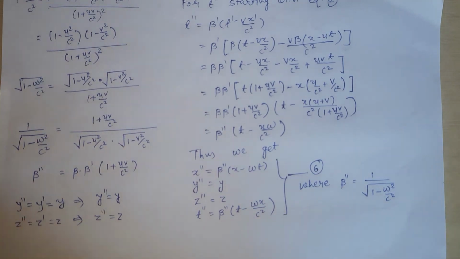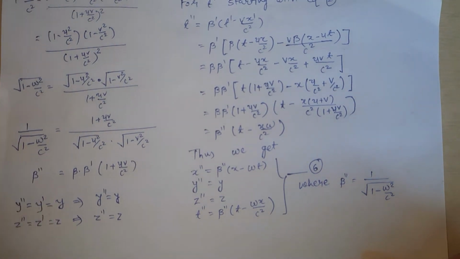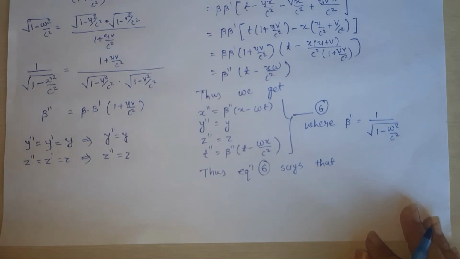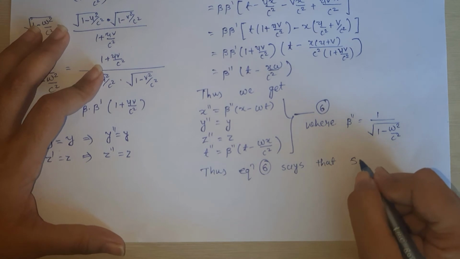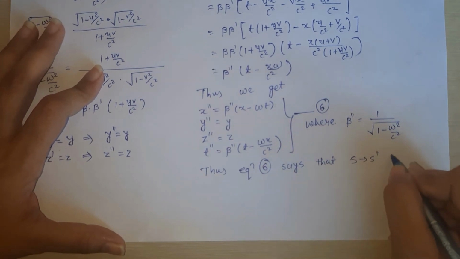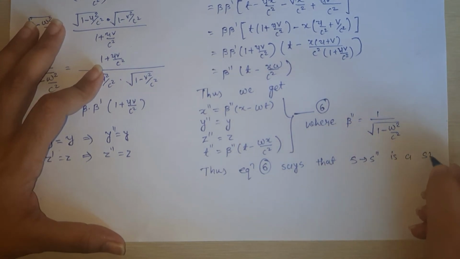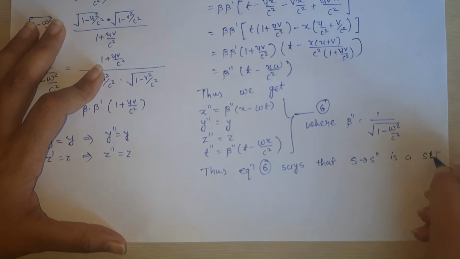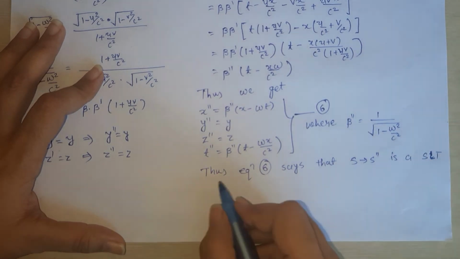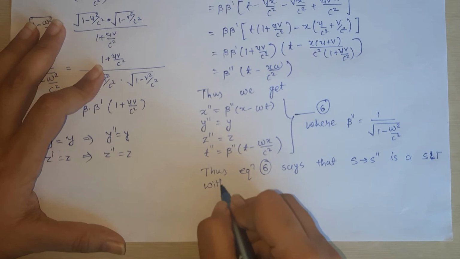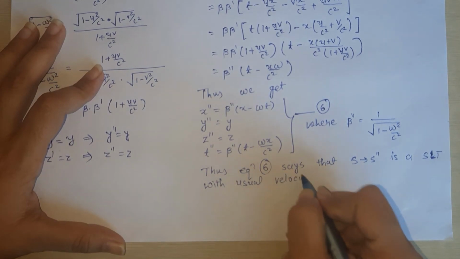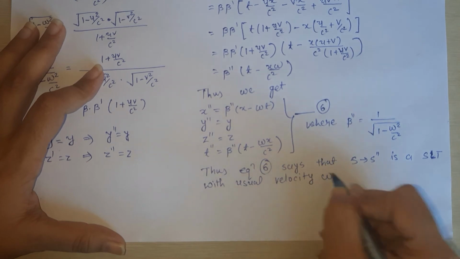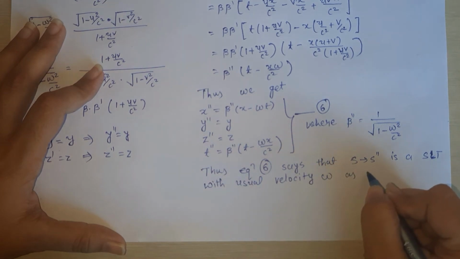Thus our equation 6 says that the relation from S to S double dash is an SLT, that is special Lorentz transformation, with usual velocity w as given in equation 3.